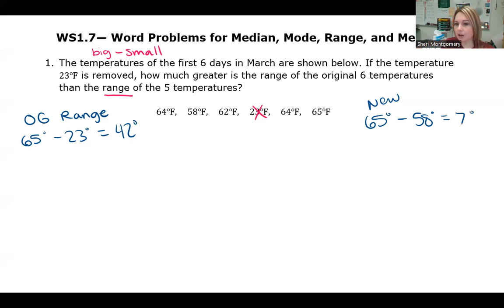So we want to find how much greater the original range was than the new range. So we're comparing 42 and 7. What's the difference in 42 and 7? You could also figure that out by 42 minus 7.